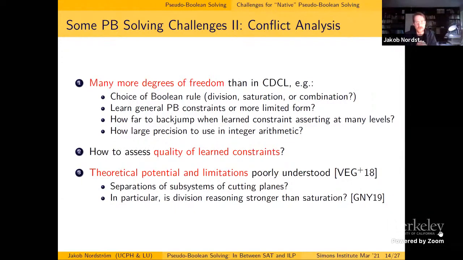And there are also interesting theoretical questions about understanding different subsystems of cutting planes. For instance, how does cutting planes with division compare to cutting planes using saturation? Lots of room for improving our understanding there. But still, these solvers do work well.